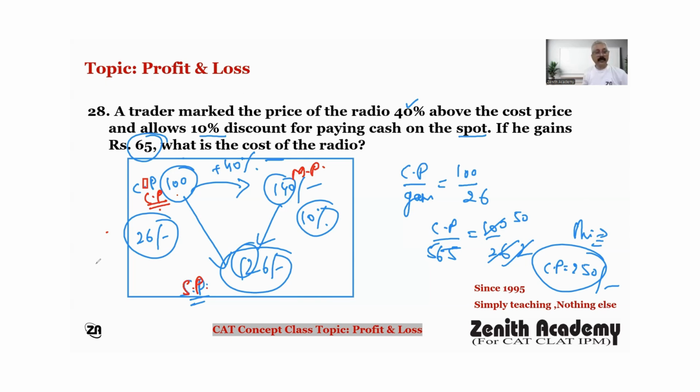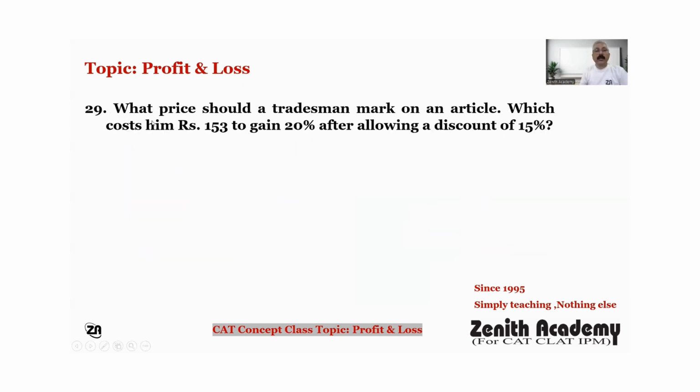एंड नाउ सी नेक्स्ट क्वेश्चन. What price should a tradesman mark on an article which cost him rupees 153 to gain 20% after allowing a discount of 15%? So, okay, this is the case, right?